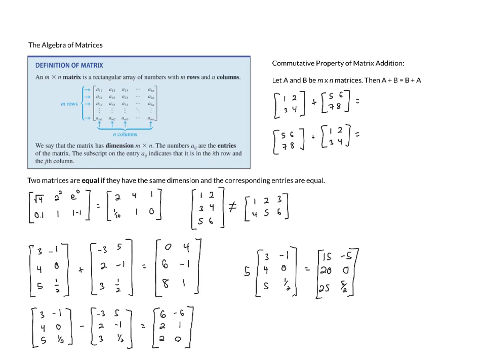And I think you can see that this works clearly because in each of these, we end up with a 2 by 2 matrix for a result. And for the first entry, 1 plus 5 is the same as 5 plus 1. We end up getting 6 either way. And then 2 plus 6 is the same as 6 plus 2. We get 8 for the next entry. And the same is true for the entries in the second row. We get 10 and 12, no matter which way we do it.